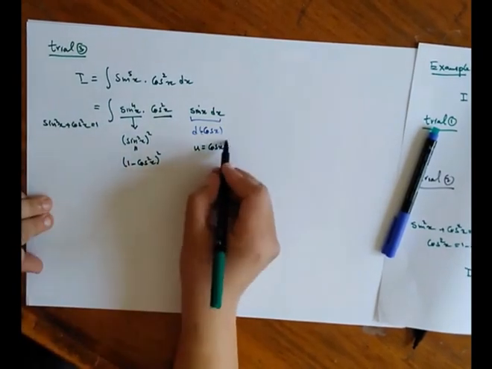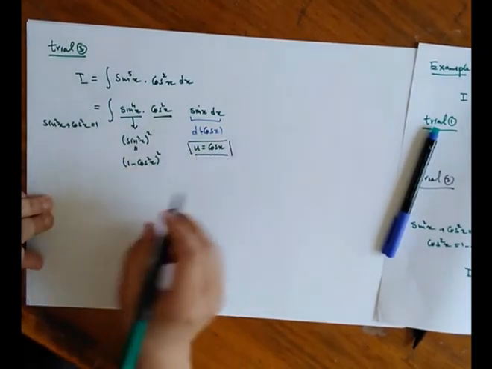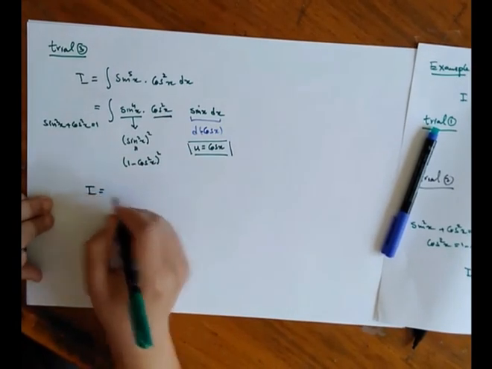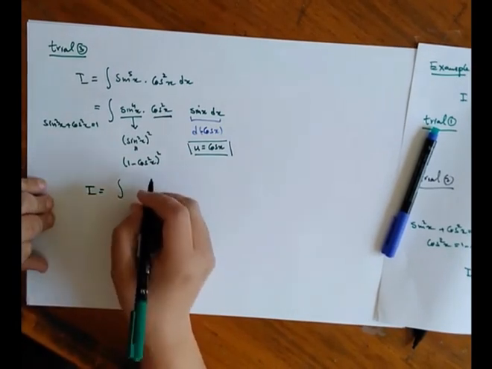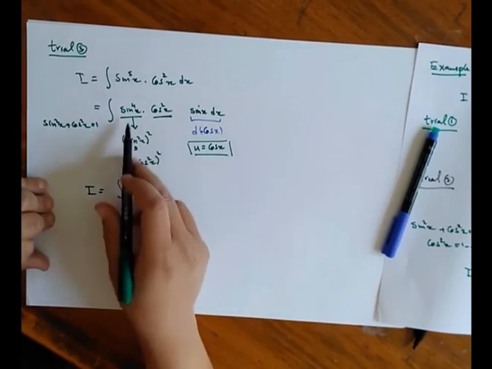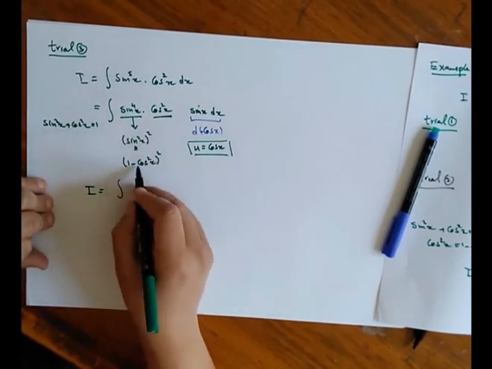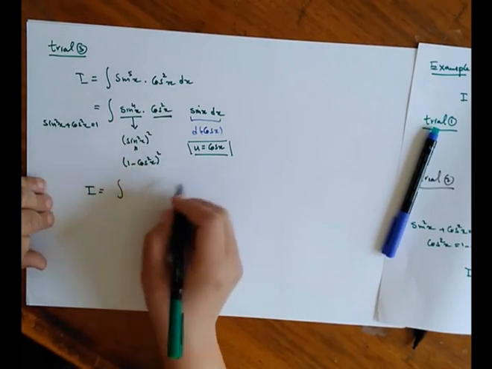So if we use this substitution, our integral equals the integration of sine to the power 4, which is going to be 1 minus cosine square all squared.